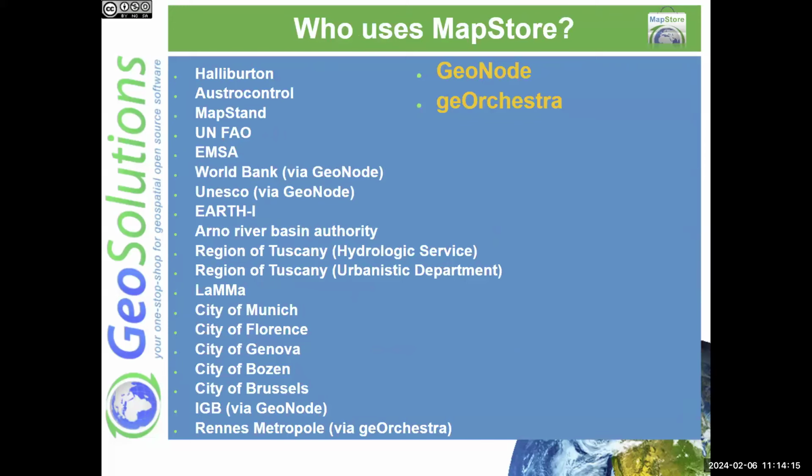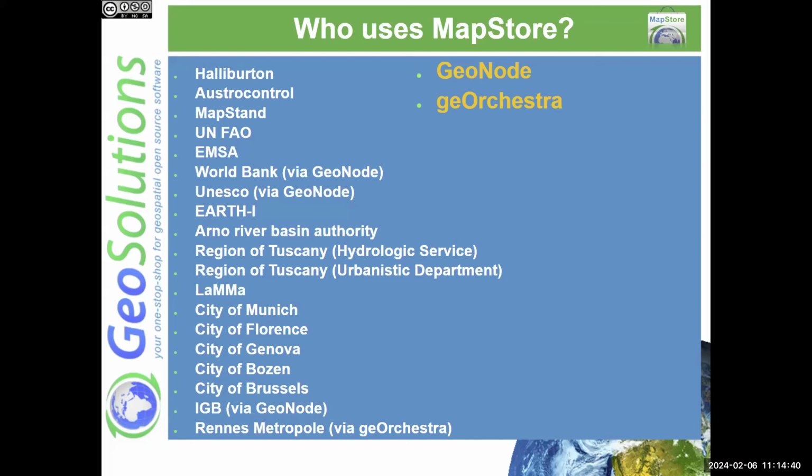Who uses MapStore? Here are some users of MapStore that are using it in different ways. These users also helped the core to improve. Not only are they using it, but some of them are also helping the MapStore core environment to improve and to continue adding features.